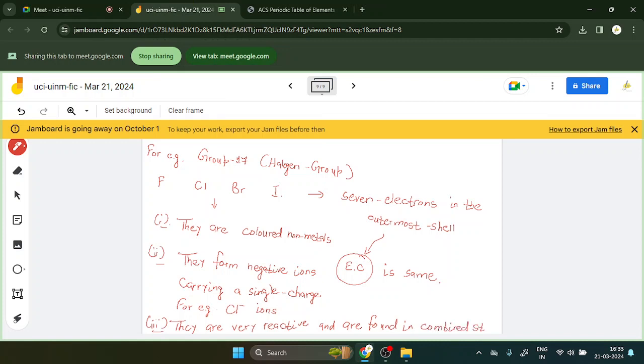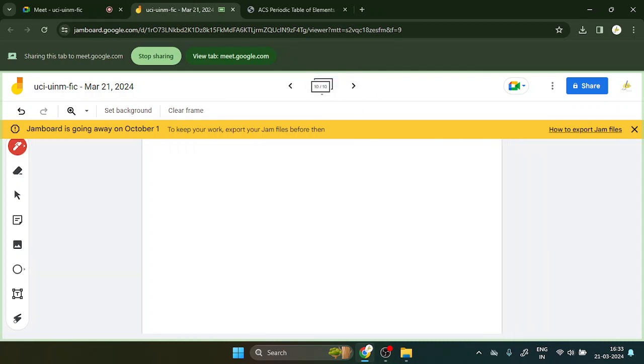Combined state. Then the 4th property is that they are slightly soluble in water. They are not highly soluble, very little, only slightly soluble in water. Yes or no? Yes.